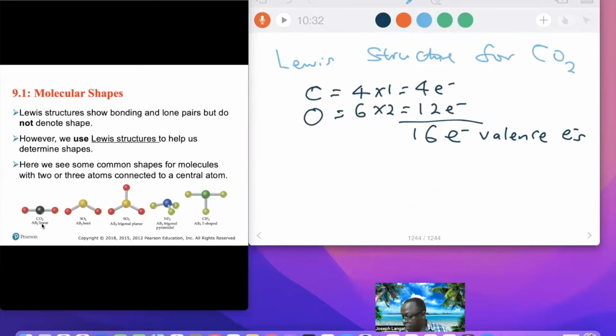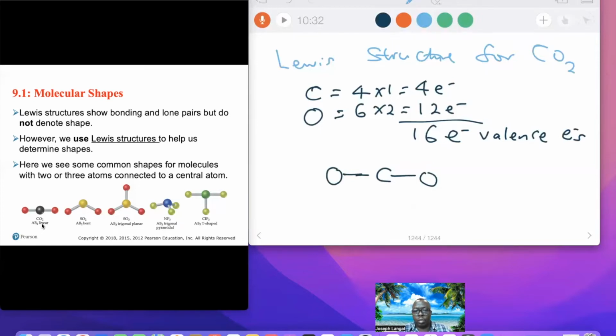So having said that, the central atom is always the atom with the most bonding sites, with more single dots, not pairs. So here, oxygens are external atoms.